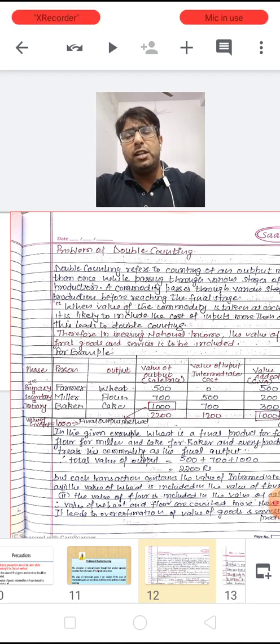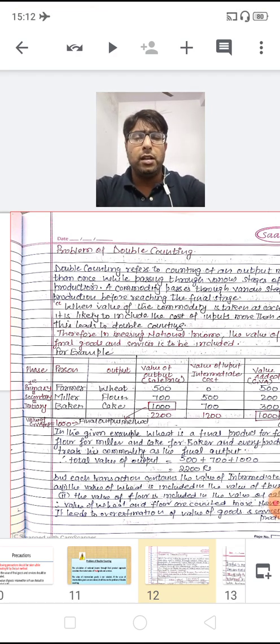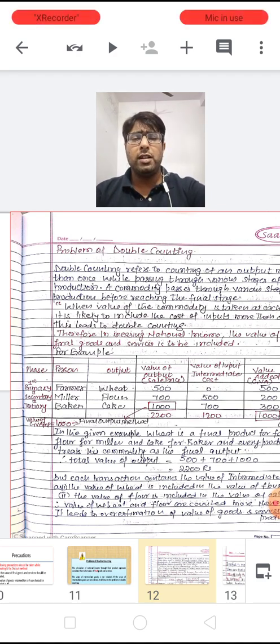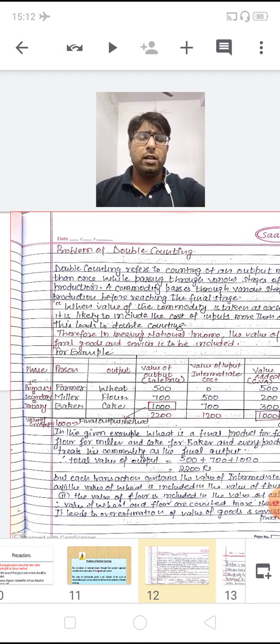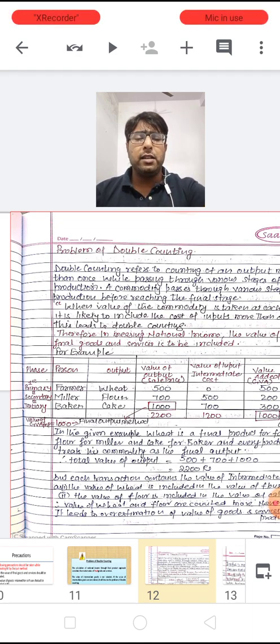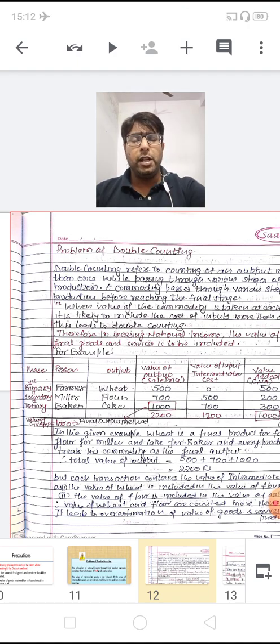Now this wheat is being purchased by the miller. This is the next phase, we can call it the secondary phase, where the miller is buying the wheat and converting the wheat into flour.